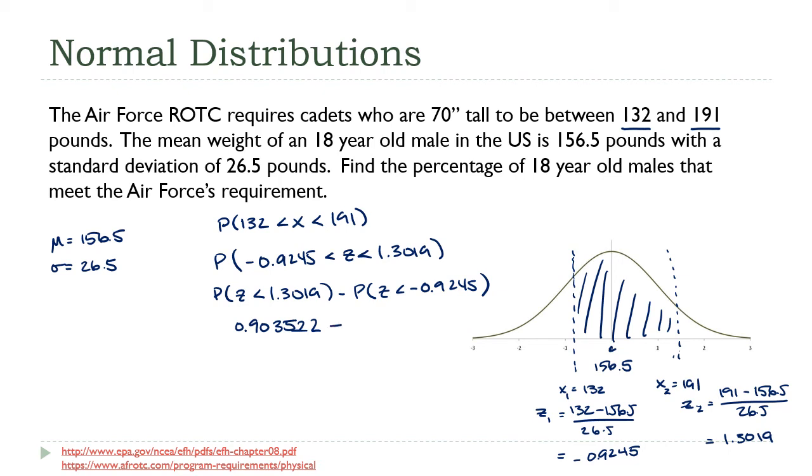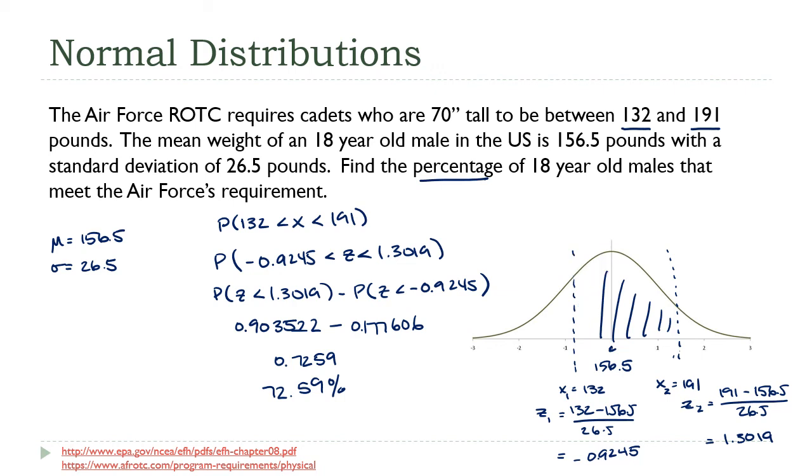That's why sometimes I go out further. Mine is 0.177606, and that difference is 0.7259. Going back to the question, we were asked for a percentage. 72.59% of the population falls in the Air Force's acceptable range. Excuse me, Air Force ROTC's acceptable range.